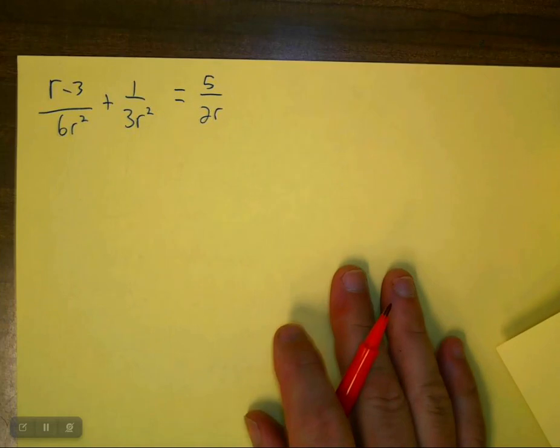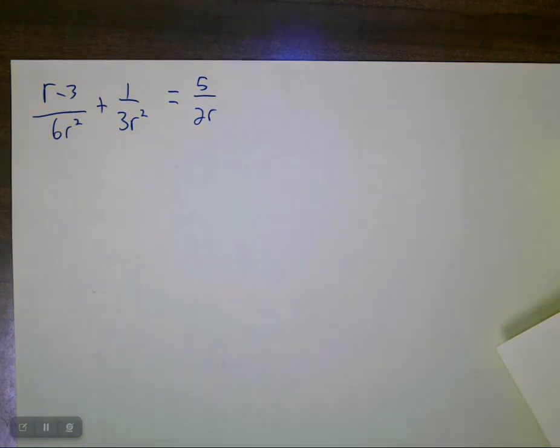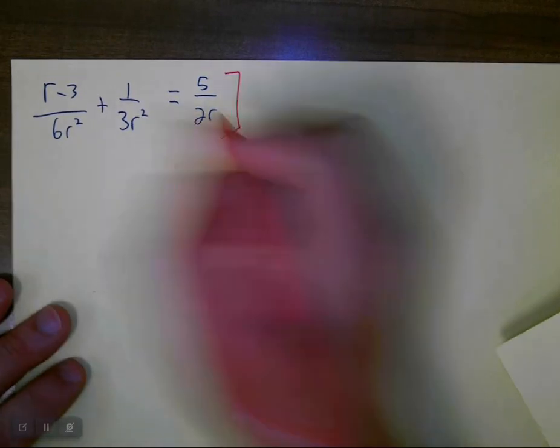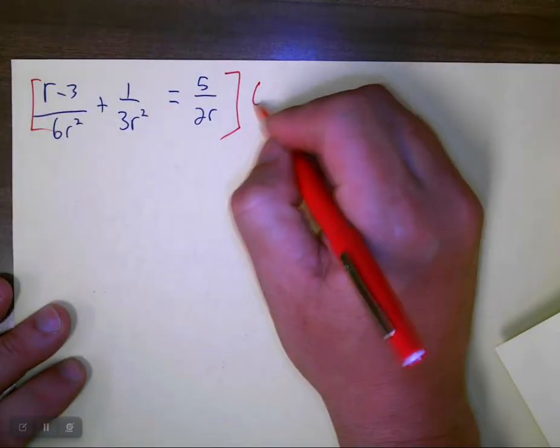Look at this one: r minus 3 over 6r squared plus 1 over 3r squared equals 5 over 2r. How are you going to do that one? You're going to multiply everything by 6r squared.